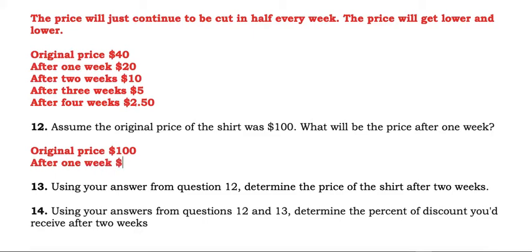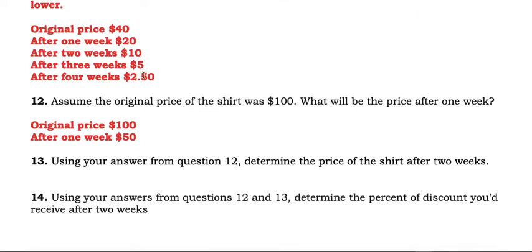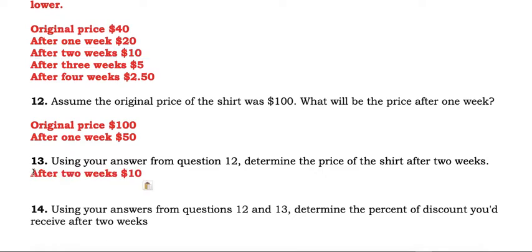After 1 week, it's going to be $50 because if we cut $100 in half, that's 50. So next we have to determine what would the price be after 2 weeks. We're going to cut $50 in half, and that would be $25.